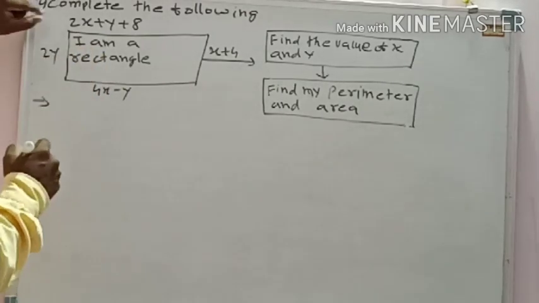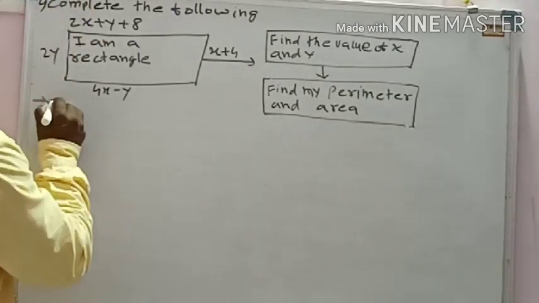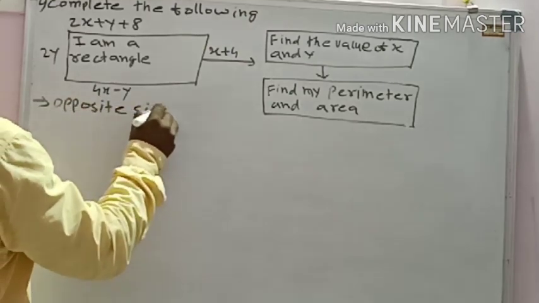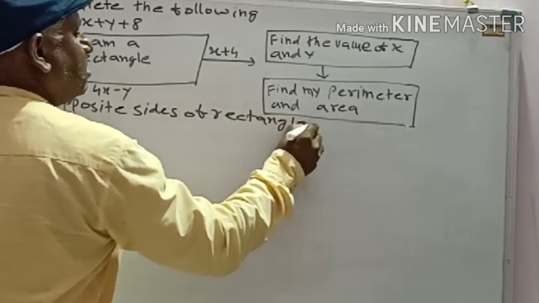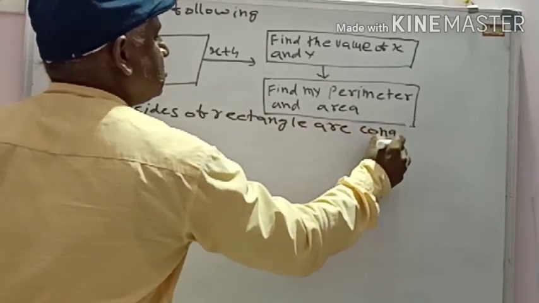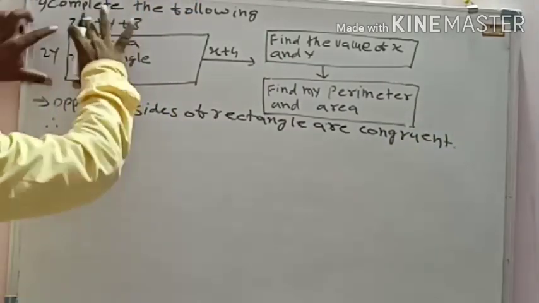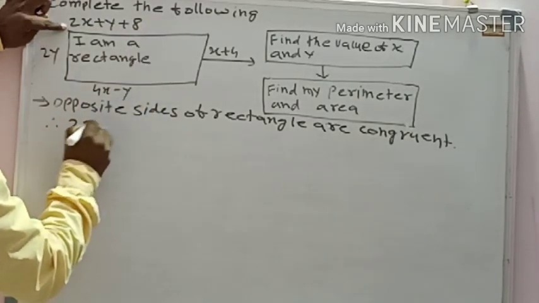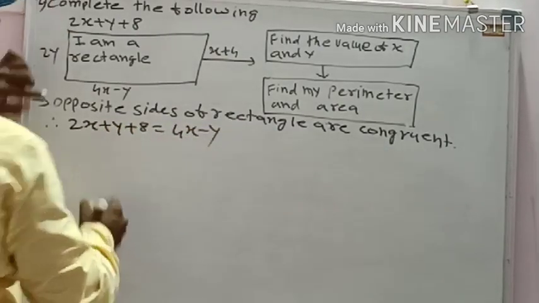We know that opposite sides of a rectangle are congruent. Therefore, 2x plus y plus 8 is equal to 4x minus y.